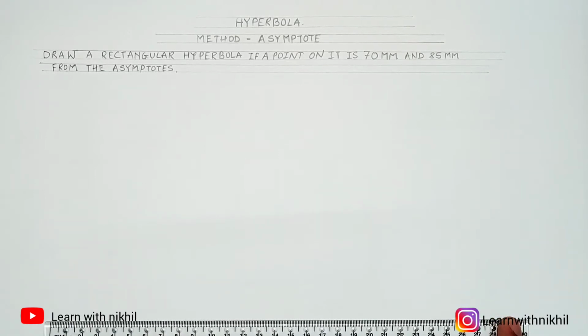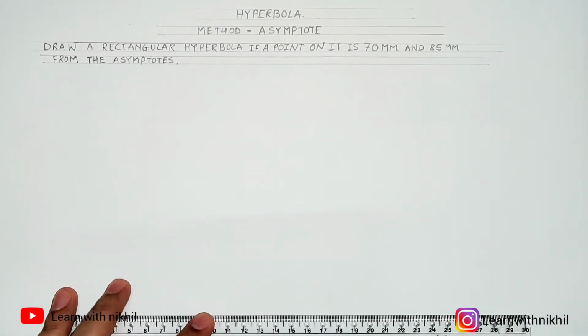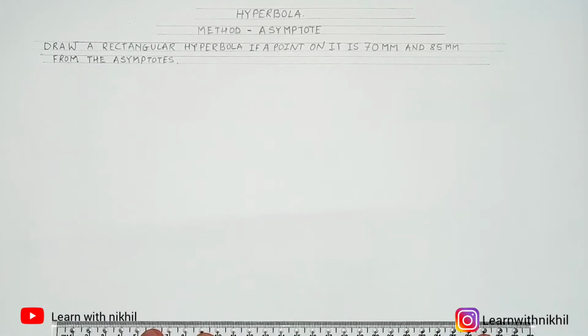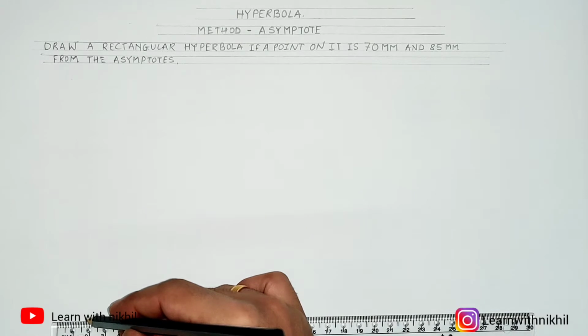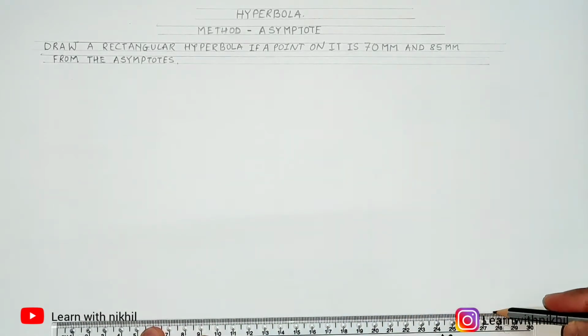Using the asymptote method, first we will draw a straight horizontal line and mark it as OX.